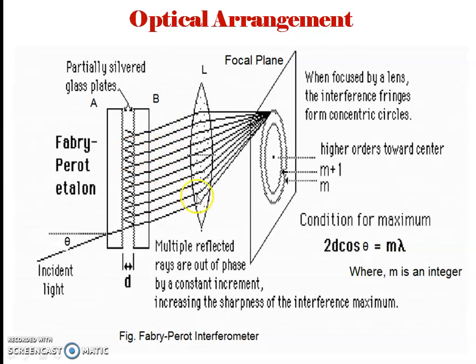Later on, these rays of light, which are becoming parallel to each other, that is multiple beams, will fall on this lens, and this lens works as a collimating lens. This lens will collimate all these rays of light and converge them on this screen. So this is the apparatus of the Fabry Perot interferometer.